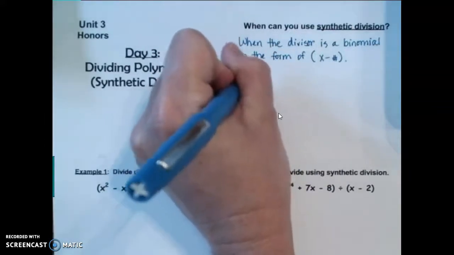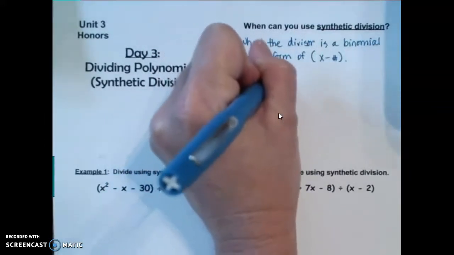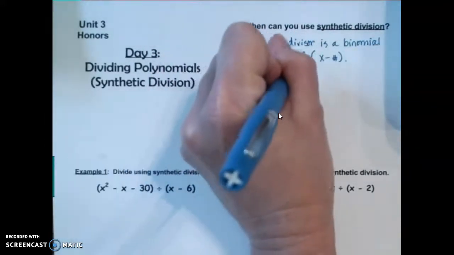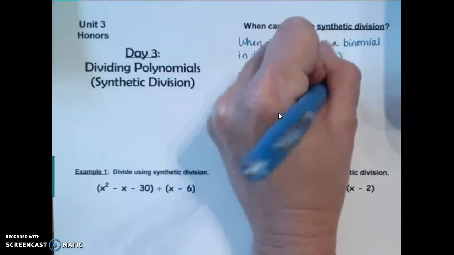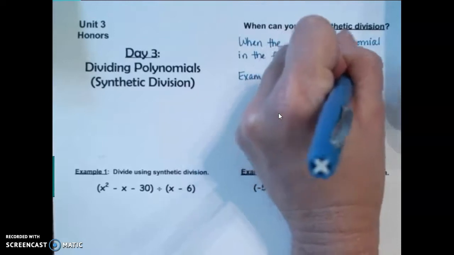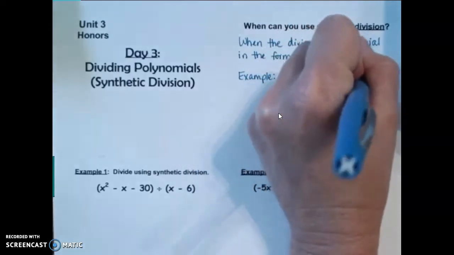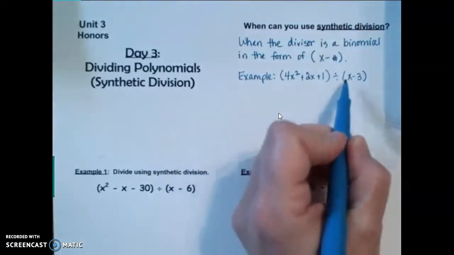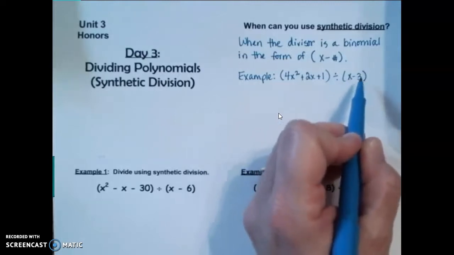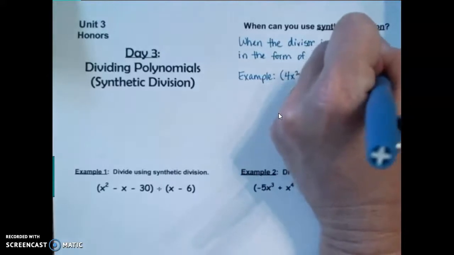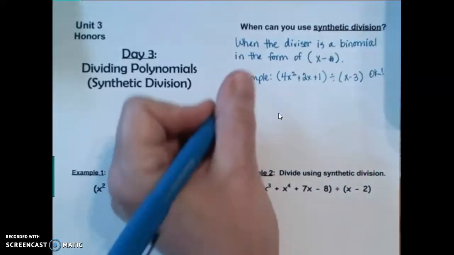An example. If I have 4x squared plus 2x plus 1 divided by x minus 3, this is a binomial, 2 terms, x minus some number. So this is okay. We could use synthetic for that.